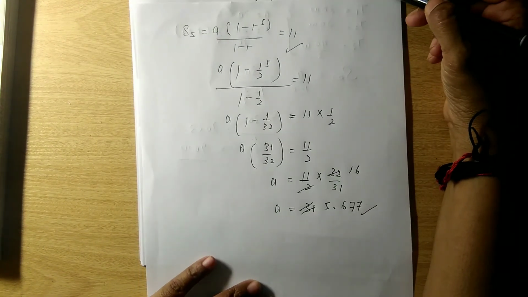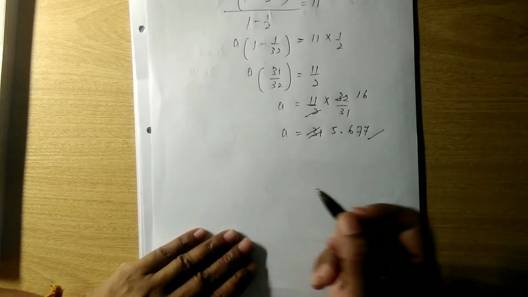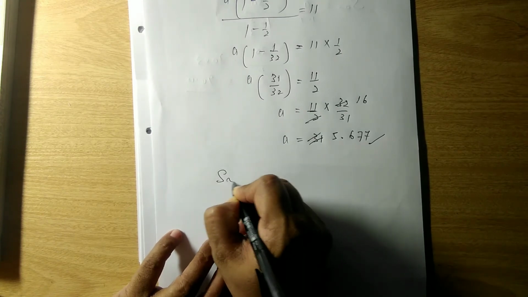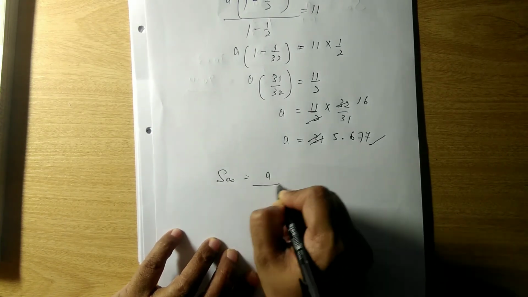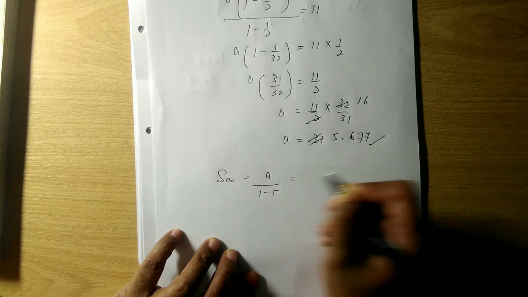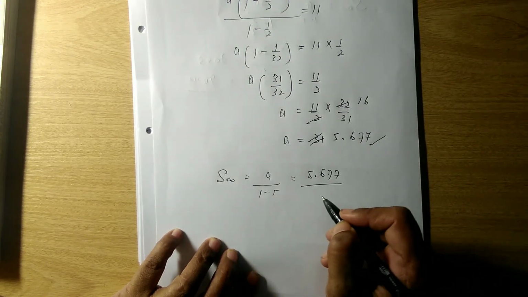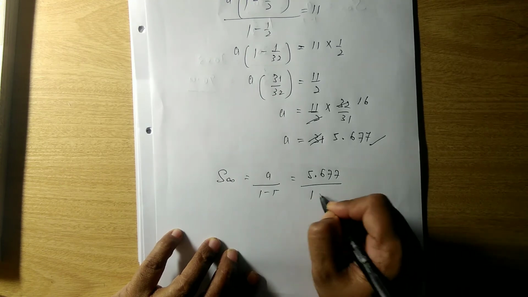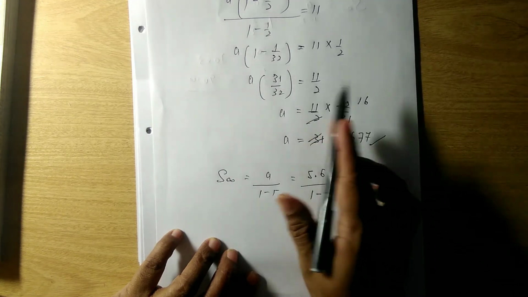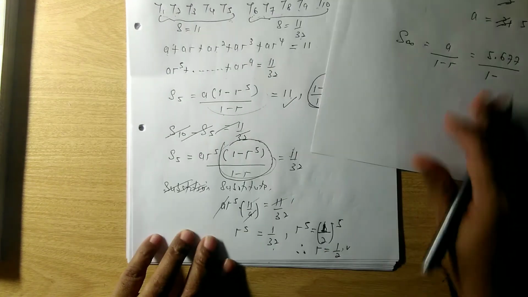So now to find my sum to infinity, the last part. So sum to infinity is A over 1 minus R. Okay, A is 5.677 over 1 minus R, which is half just now.